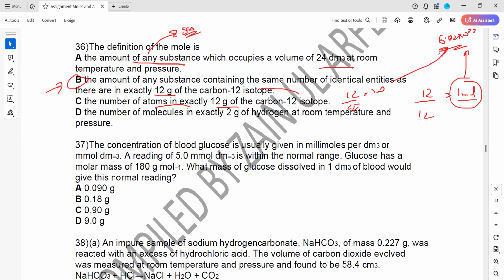But the definition of a mole is not only for carbon, it is for all substances. It is the amount of substance which can be solid, liquid, gas, carbon, or hydrogen, which contains Avogadro's number of particles.